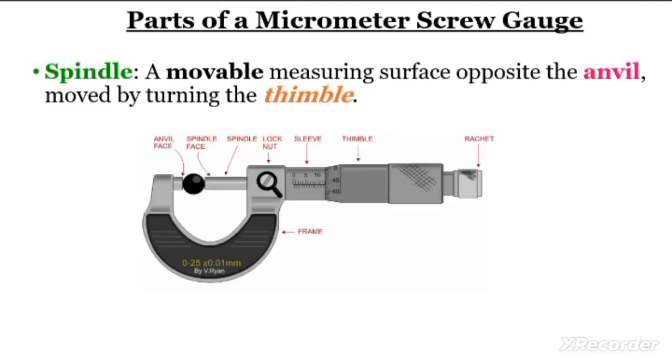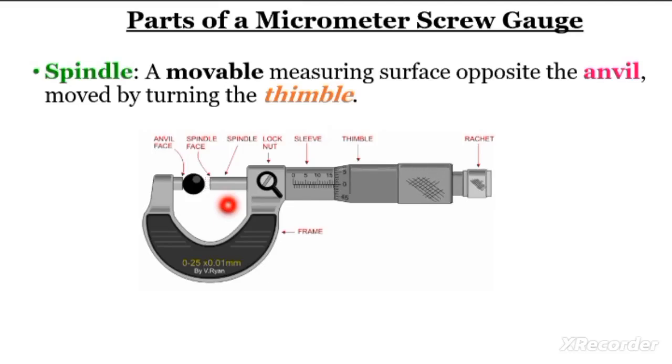So where can we find the spindle? So this is the spindle. So as we can see, it is movable. It is able to move. It is moving back and forth. So this one is a movable measuring surface opposite to the anvil, moved by turning the thimble.